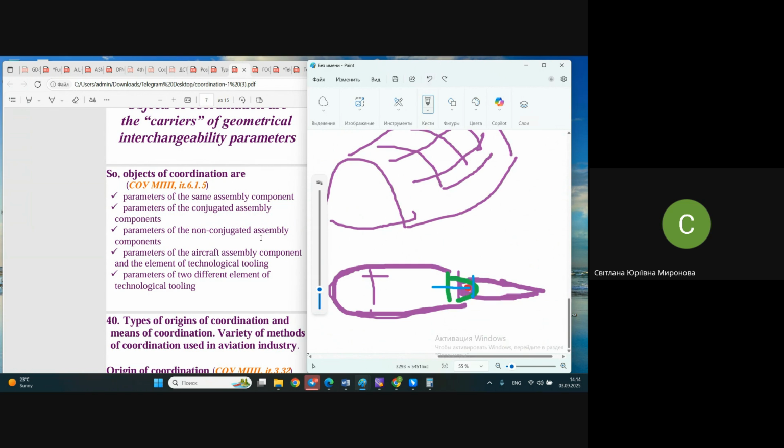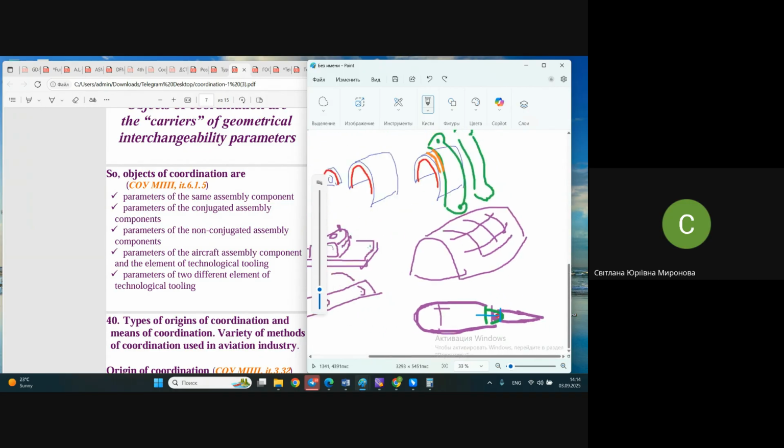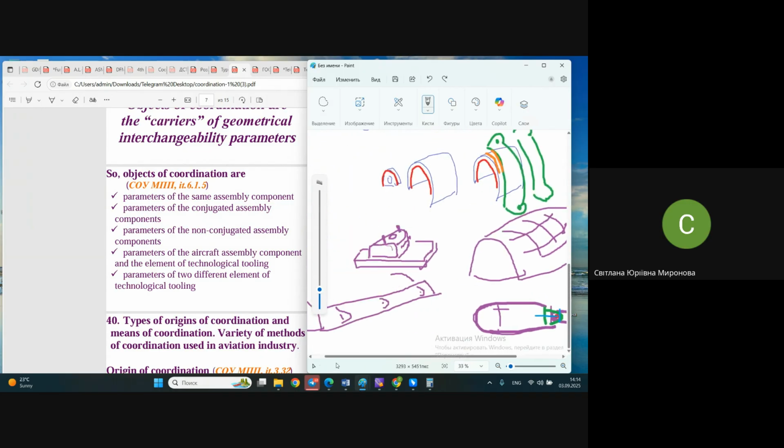Next, non-conjugated. It's not one bracket. There is a system of brackets.